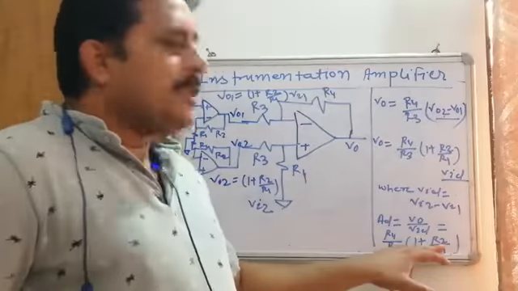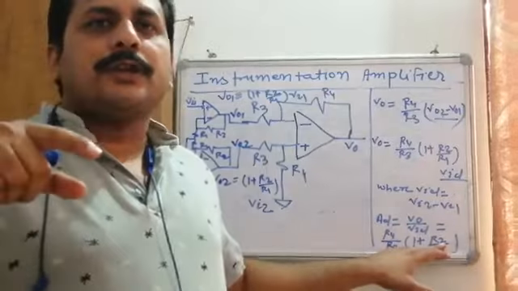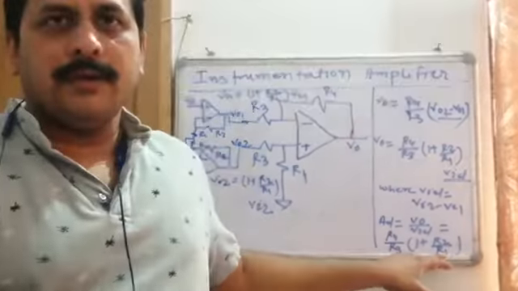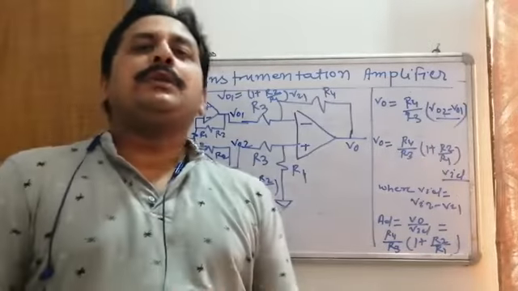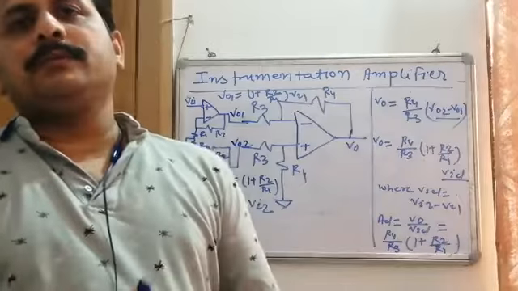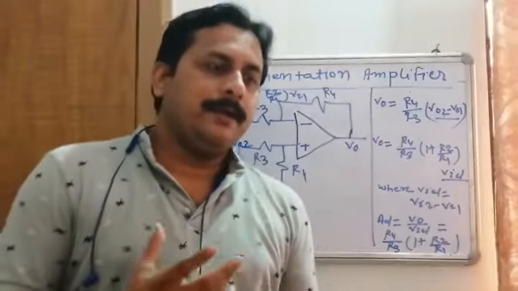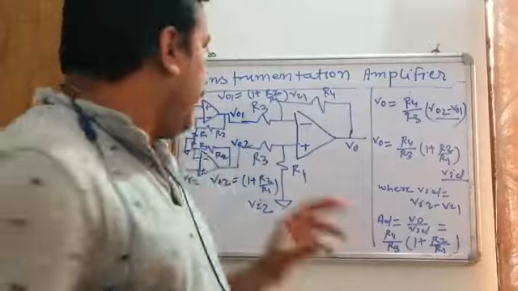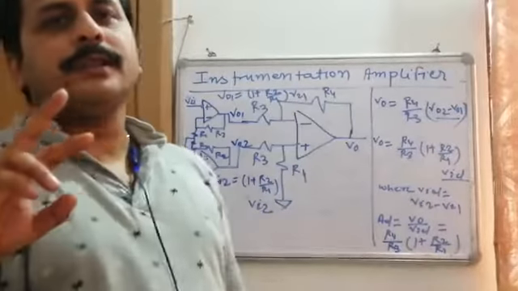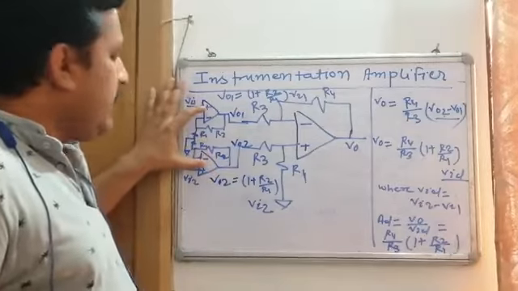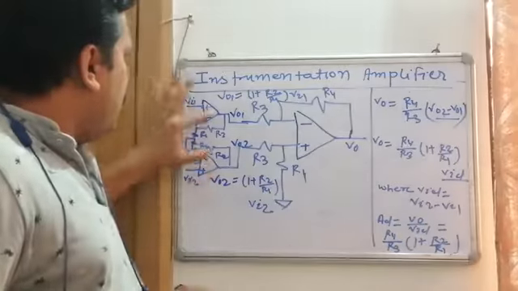If resistance R2 increases 2 times, we have to increase resistance R1 by 2 times. Practically it is not feasible, it is a very tough task to increase these two resistances by the same amount. The second problem is in these two amplifiers.